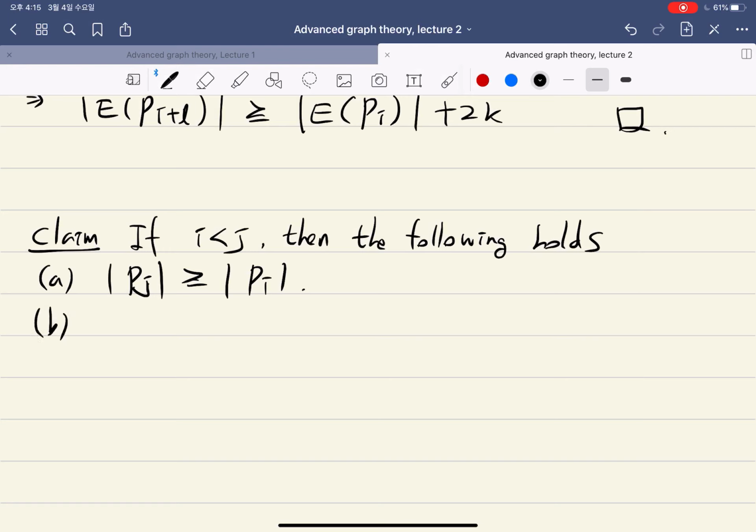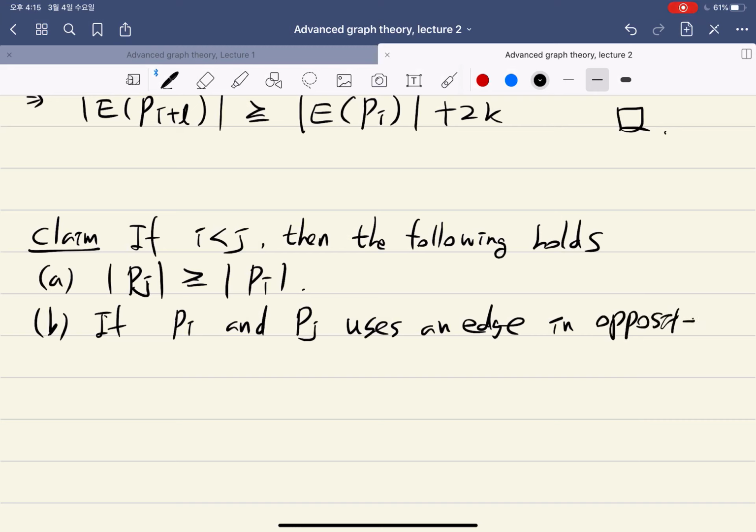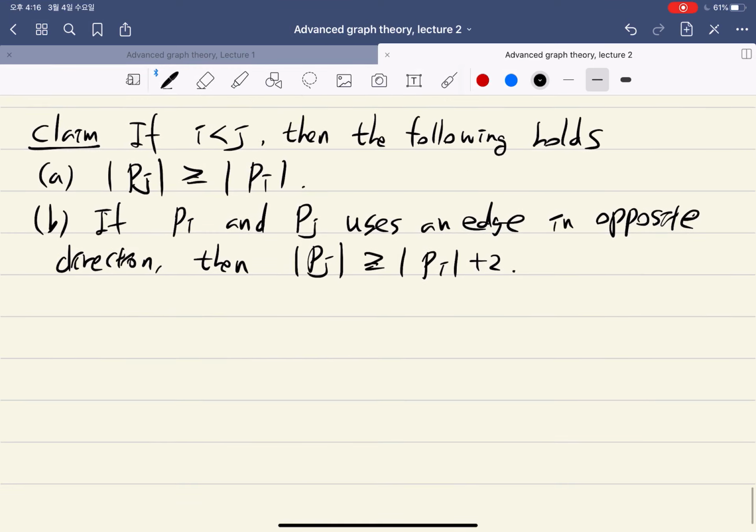And B: let's say if Pi and Pj use an edge in opposite direction, then Pj is strictly longer than Pi, let's say at least by 2.